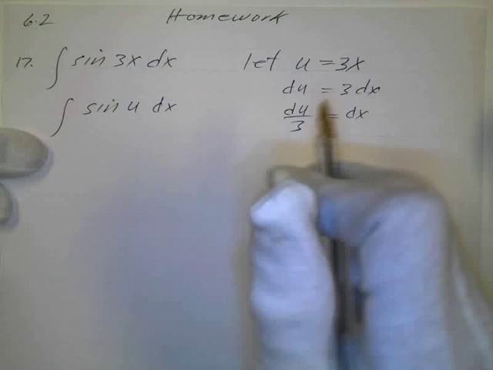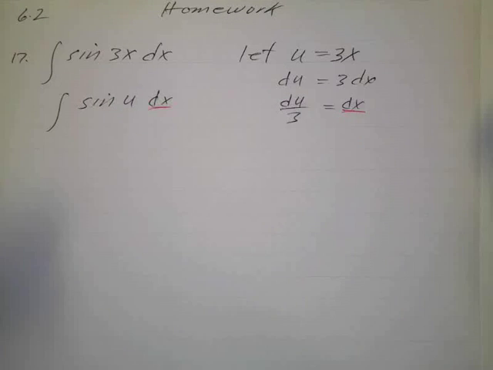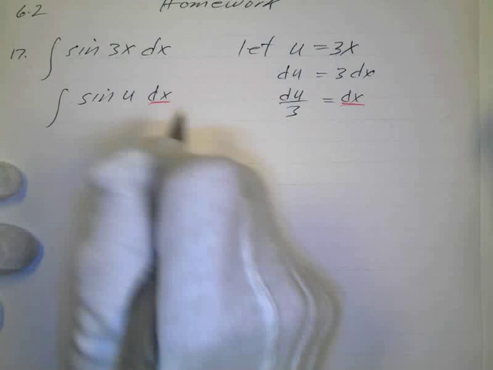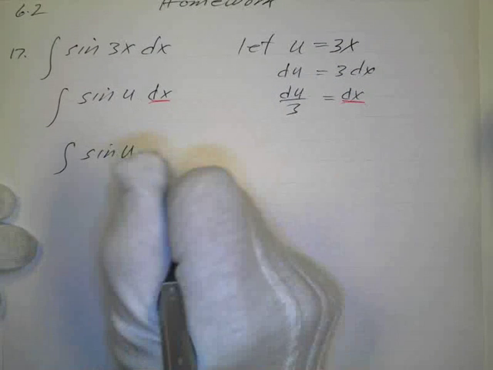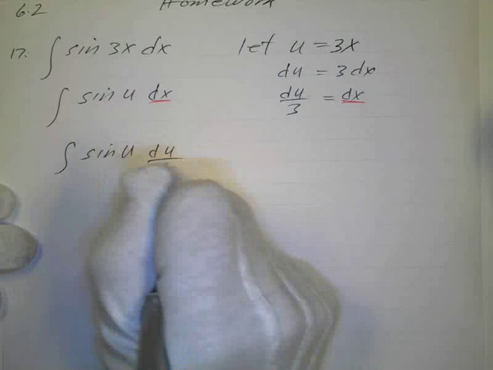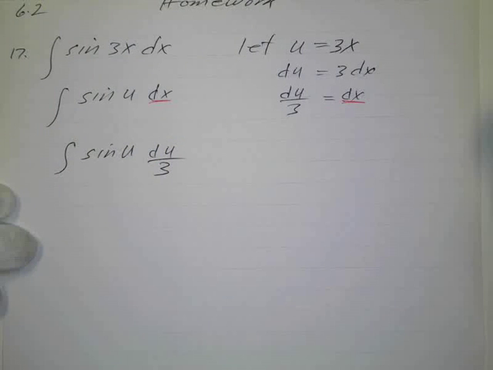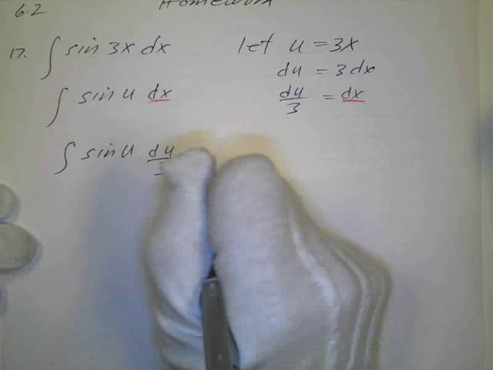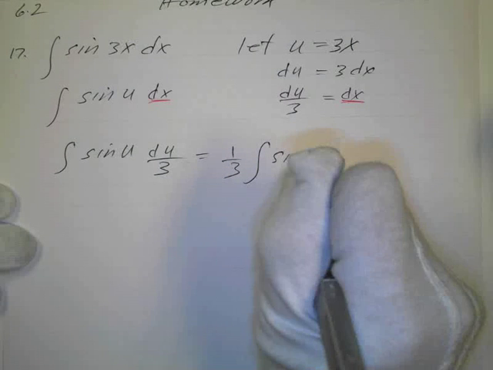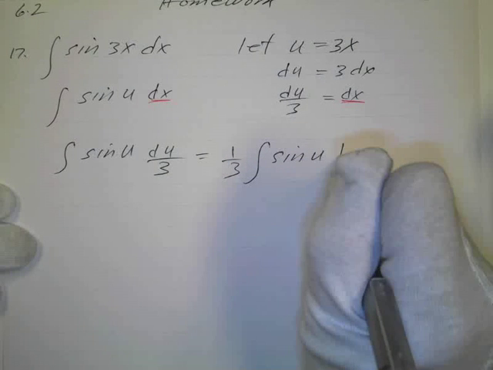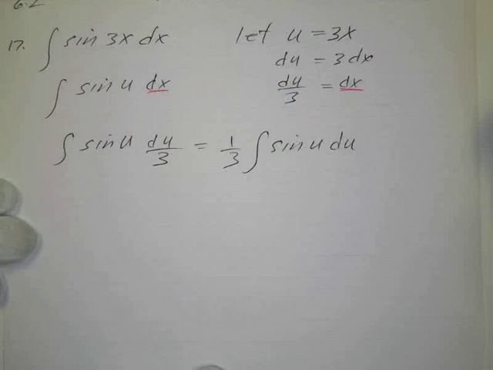Now I have a match. I have dx here and dx here. So what I can do is I can just substitute. So I have the integral of sine of u, and then that's going to be du over 3. And then I can take that 3 and bring it out in front. So I've got 1/3 times the integral of the sine of u du.